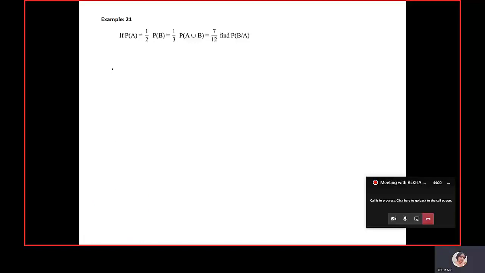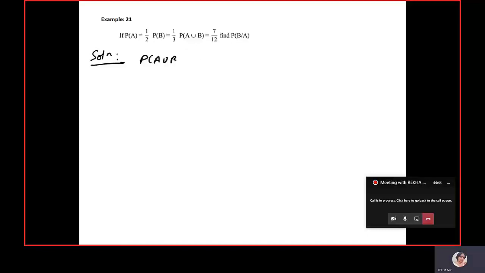If P of A is equal to 1 by 2, P of B is equal to 1 by 3, P of A union B is equal to 7 by 12, find P of B when A is given. So solution. To find P of B when A is given, we should find P of A intersection B first.